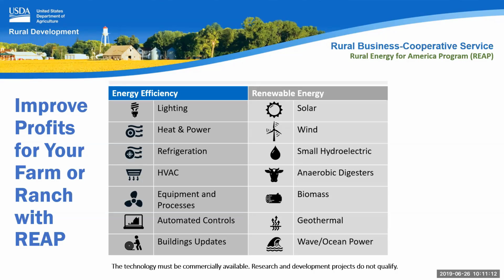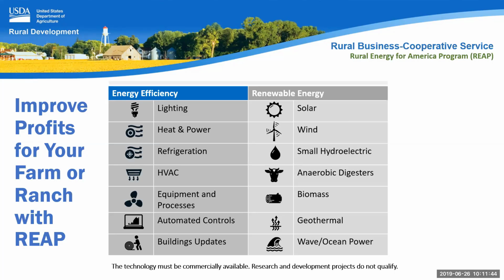So there are two sides to this program, as I mentioned, one being energy efficiency and the other being renewable energy. Some of the types of eligible technologies on the energy efficiency side would be lighting, refrigeration, HVAC upgrades, equipment and processes, automated controls, for example, in a poultry house we've done before, any kind of building updates, really anything that is being more energy efficient could be eligible.